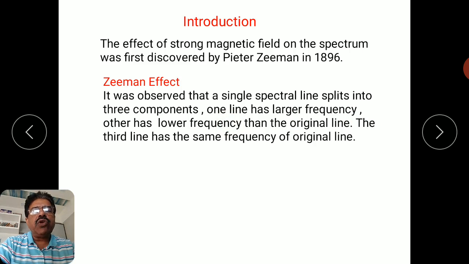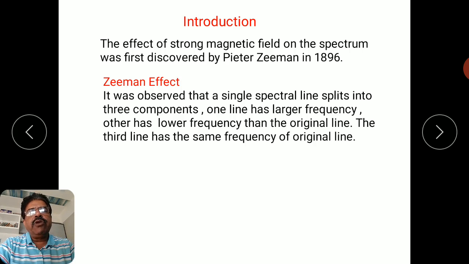So when you apply a strong magnetic field across a source of light, then whatever the initial spectral line, a single spectral line, it was observed to be split into three components.